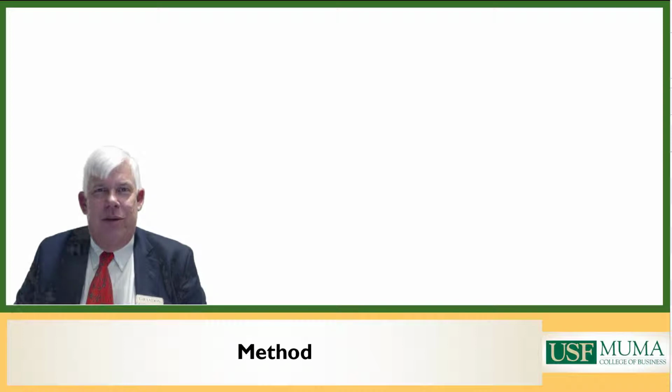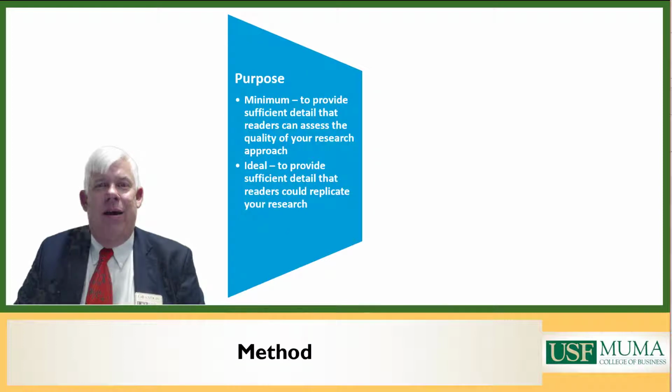These videos are not a substitute for training in research methods, so we're going to assume that you as a researcher who are ready to write a paper already know about your methods. So the focus here is on what you need to incorporate into the methods section of your paper. And there are a variety of things.